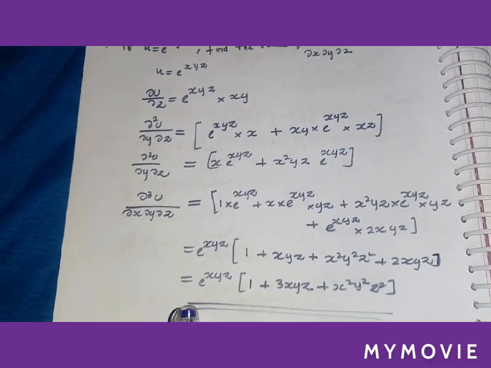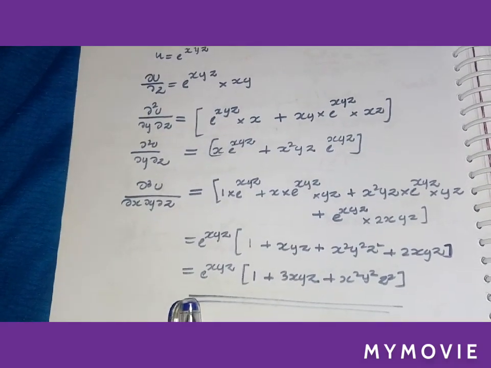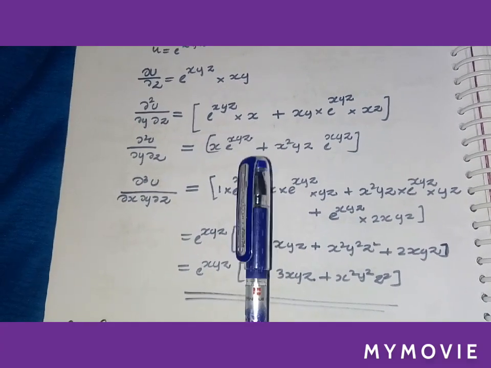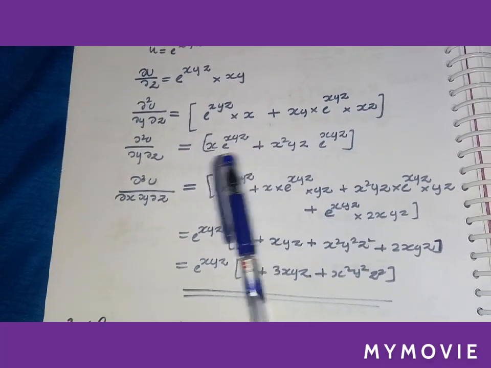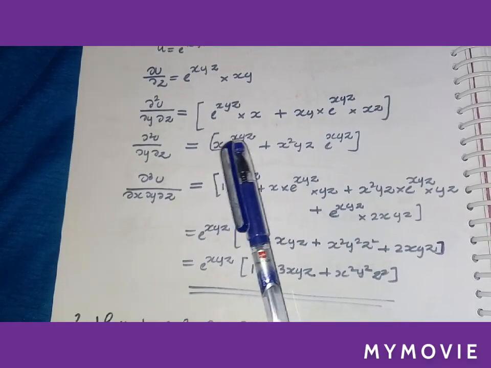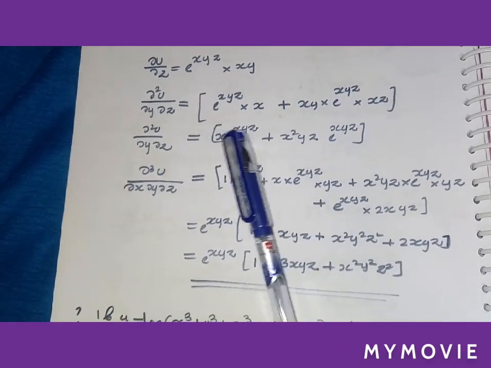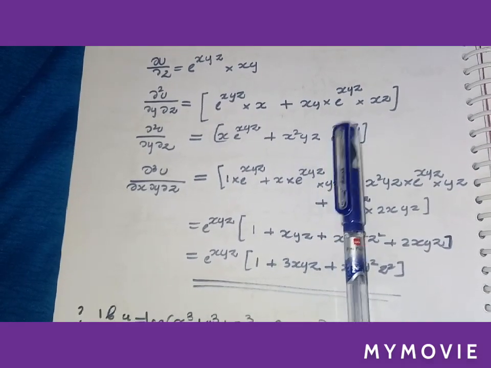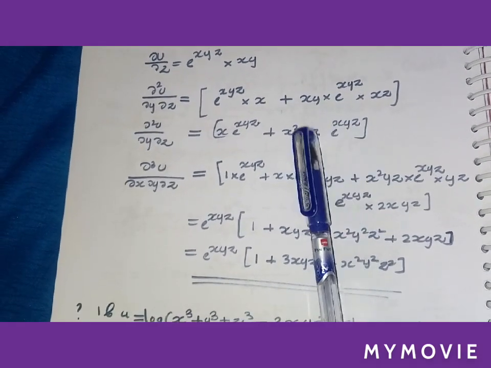And one more differentiation, that is dou cube u divided by dou x dou y dou z. We have x containing functions, and here there is a product and here also a product, that is first function into derivative of second plus second function into derivative of first.